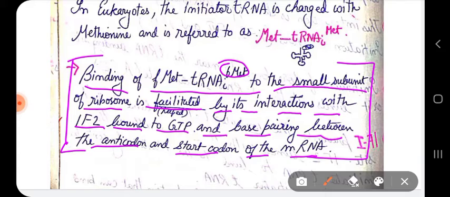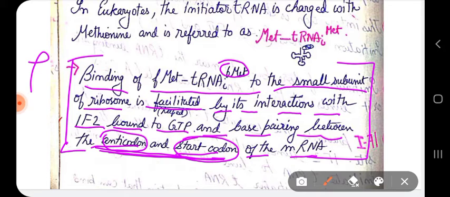The first way is the anticodon and start codon of the mRNA. The start codon is placed at the P site of the ribosome, as I have said, and the anticodon sequence of the initiator tRNA is placed at the P site also, so it interacts with the start codon and binds to the P site. Secondly, IF2 bound with GTP helps the initiator tRNA bind to the P site.